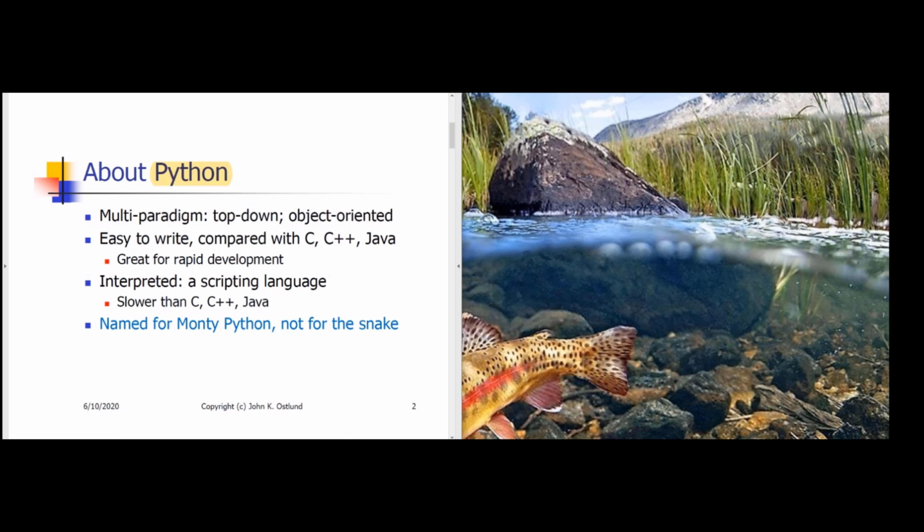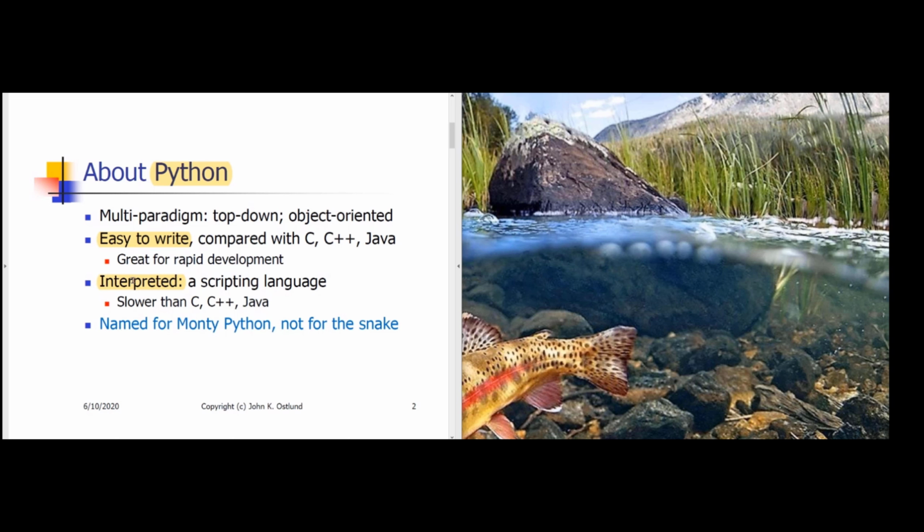One of Python's big advantages is that it's quite easy to write, certainly in comparison with more traditional compiled programming languages like C, C++, and Java, and it's therefore great for rapid software development. Roughly speaking, estimates are that especially junior programmers can write a given amount of functionality in Python about 3 times as quickly as they can do the equivalent amount of functionality in C++ or Java.